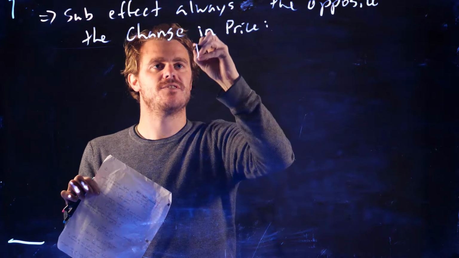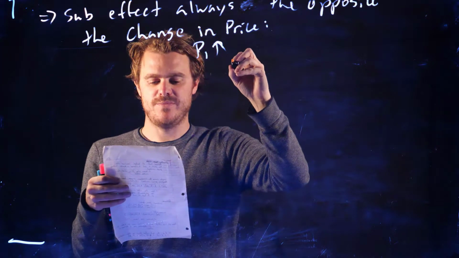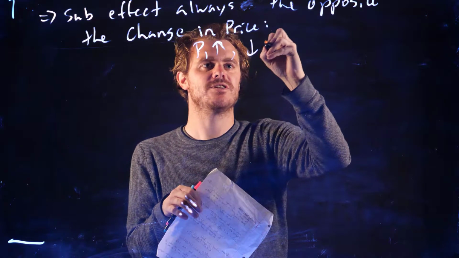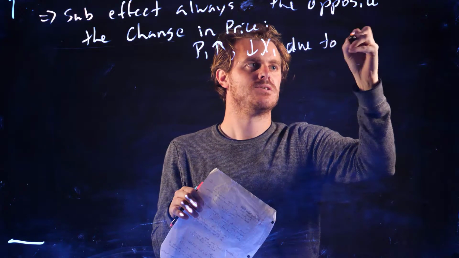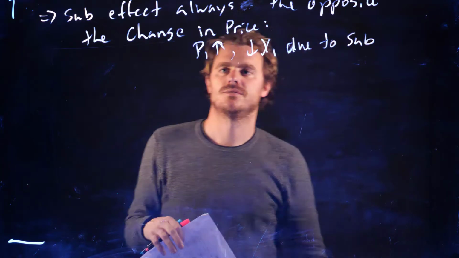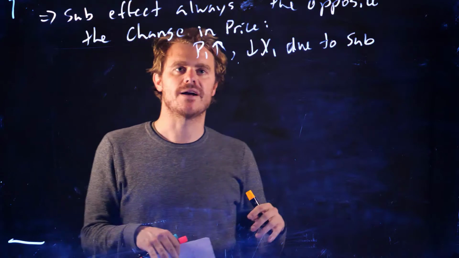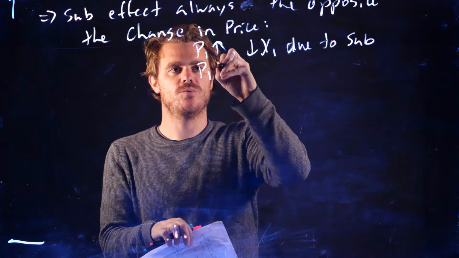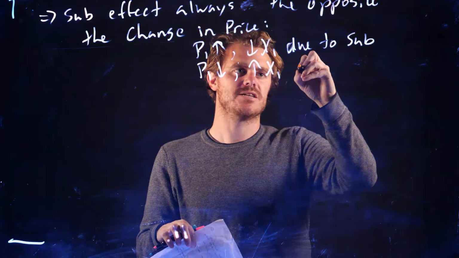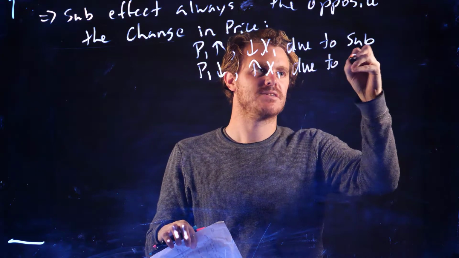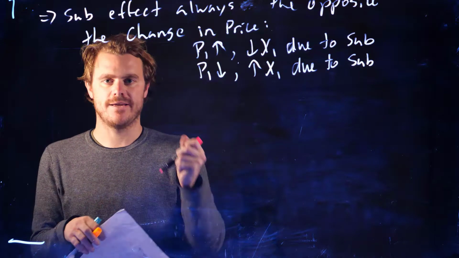For instance, if the price of good one went up, this would mean a decrease in x1 due to the substitution effect. The total effect is going to depend on the income effect as well, right? And if the price of good one decreases, then we're going to have an increase in x1, again, due to the substitution effect.